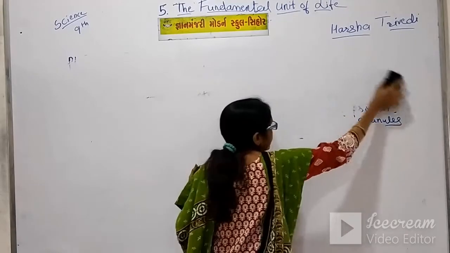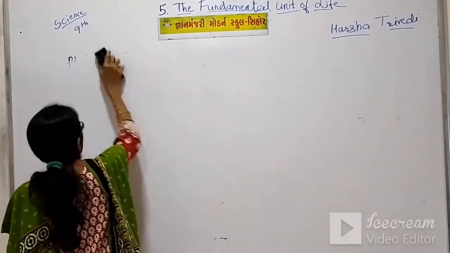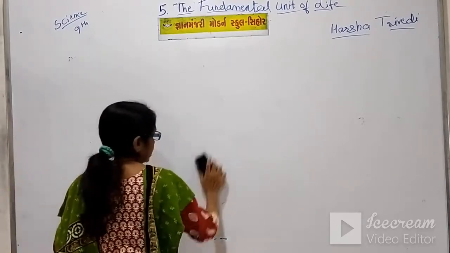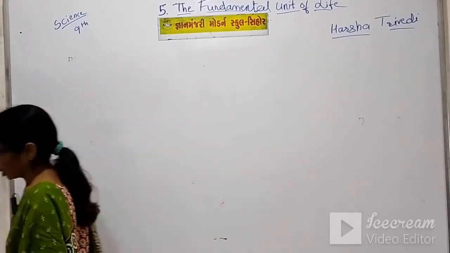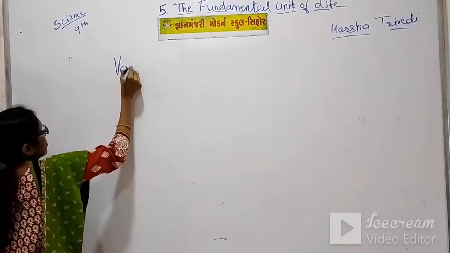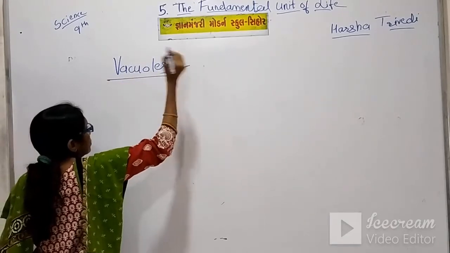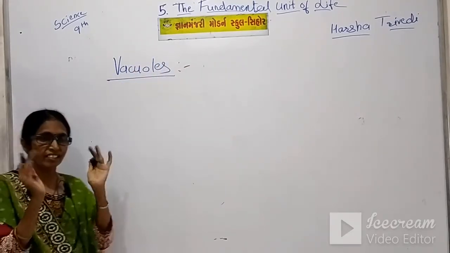cytoplasm. Now we will discuss the last organelle of the cell, and that is vacuoles. Vacuoles are the sacs.